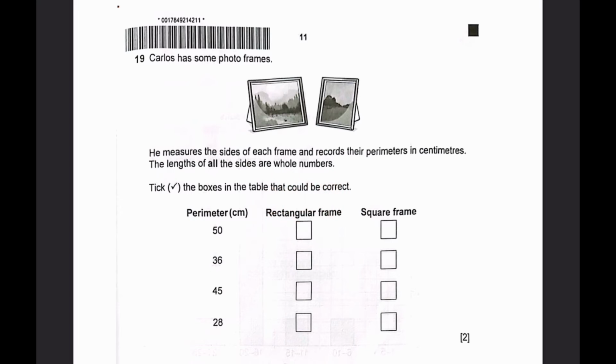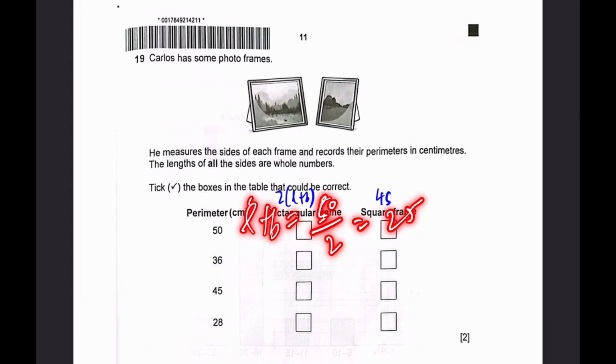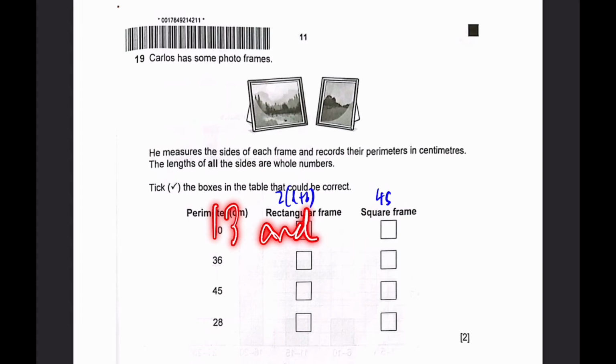I'll just write that. And for a square, it's 4S, which means 4 times side. So 2 into (L plus B) means length plus breadth is equal to 50 by 2, 25, right? And that means they both can be whole numbers, like 13 and 12, right?